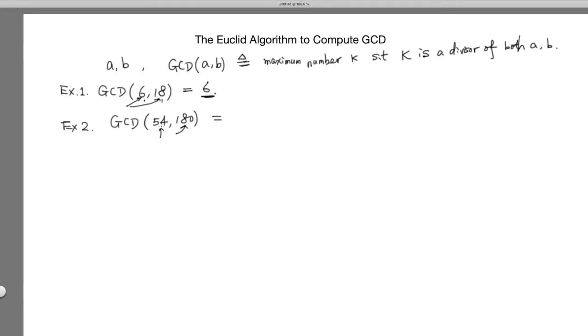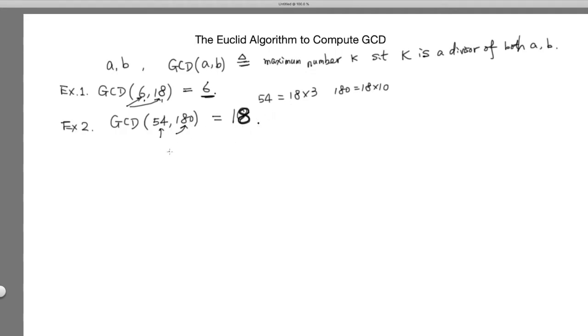Okay, how about 18? 54 equals 18 times 3, and 180 equals 18 times 10. So the GCD of 54 and 180 is going to be 18. 18 is the greatest or the largest common divisor of 54 and 180.